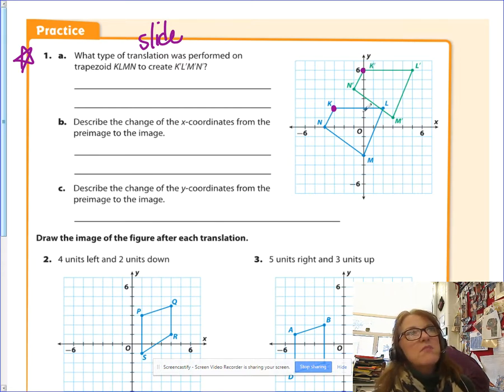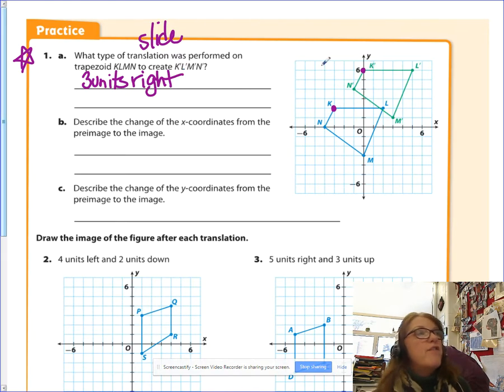You describe it horizontally and vertically. Like pretend you only have streets that run horizontal and vertical. So it looks like we had to go 3 to the right. So we moved 3 units right. And then we went up, vertically. So 3 units to the right, and then 1, 2, 3, 4 units up.